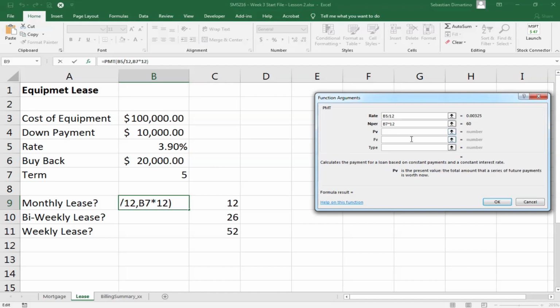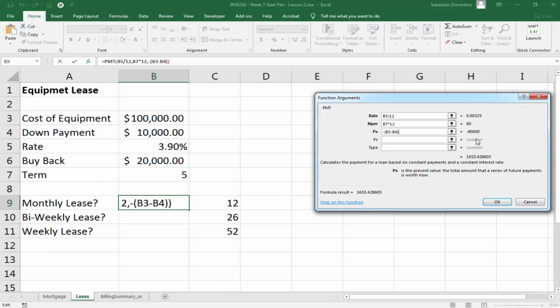The PV is just like we did in the previous example. Negative, open bracket, your cost minus your down payment. And you'll notice on the right-hand side, it is a negative 90,000. Some students asked last week whether or not it mattered if it was a negative 90,000 or a positive 90,000.